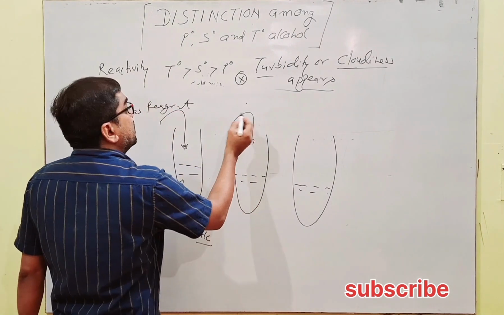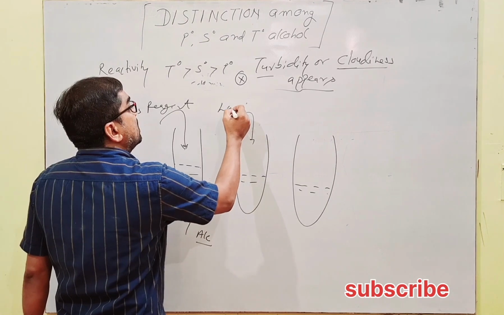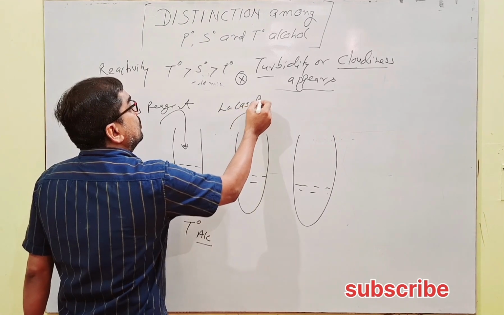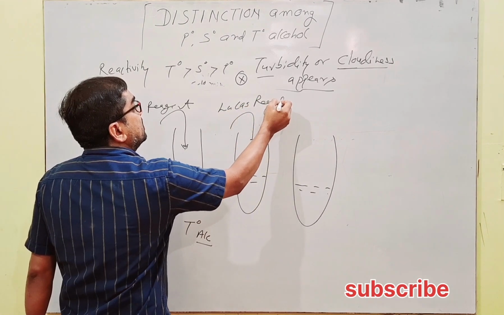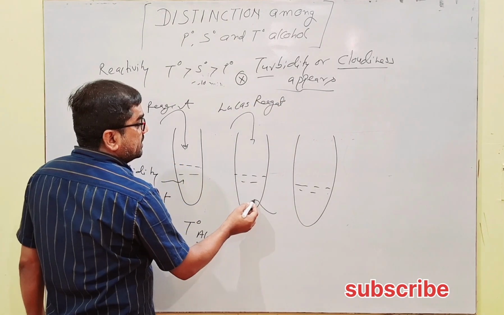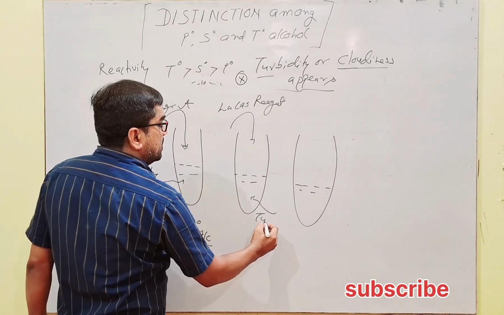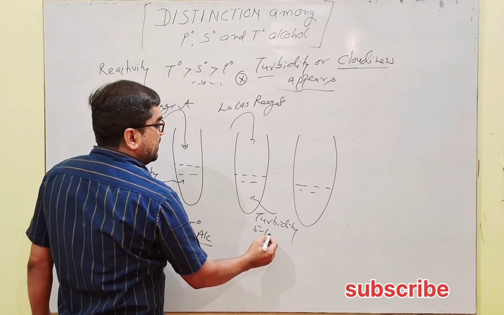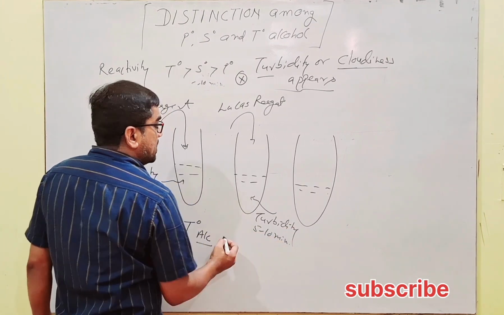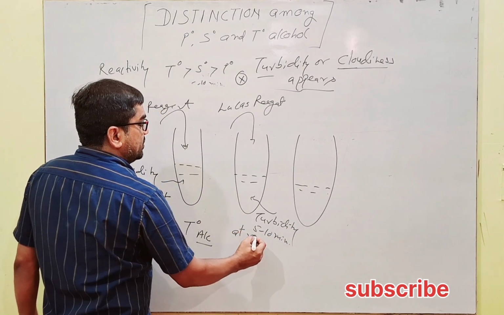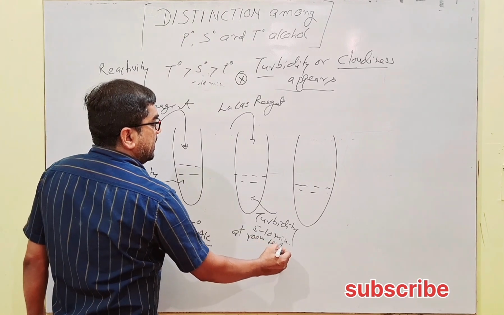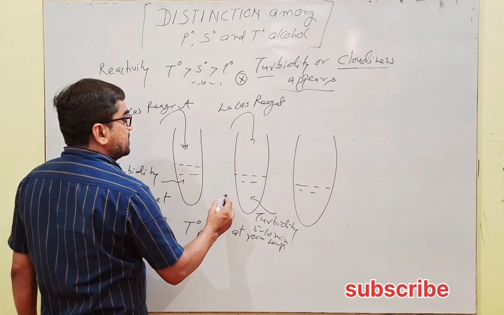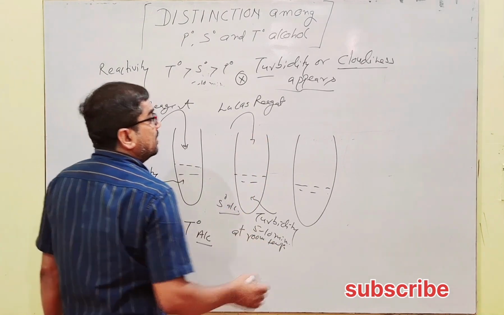Here in the next one, if Lucas reagent is added and turbidity appears after 5 to 10 minutes at room temperature, this is secondary alcohol.